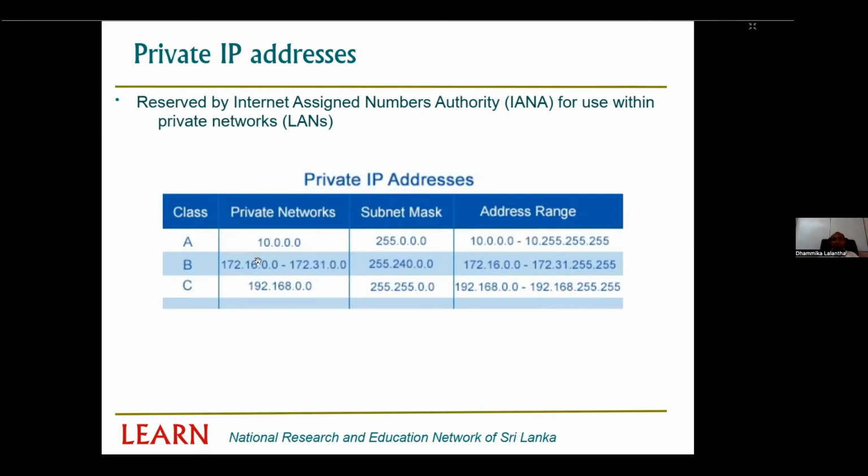The other one is this range, 172.16.0.0 to 172.31.255.255. That's also a somewhat bigger address space, and the other address space is 192.168.0.0, which is smaller than the other two address spaces.